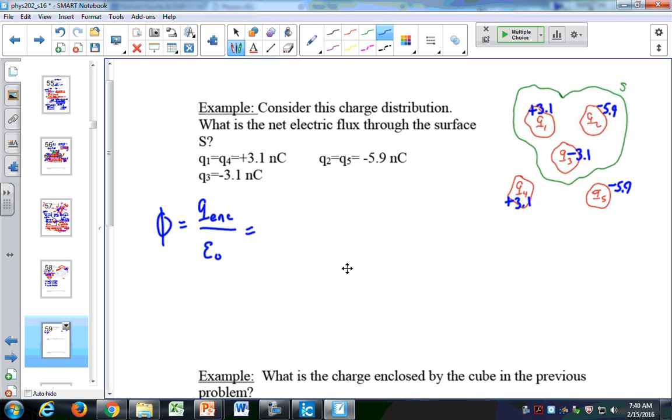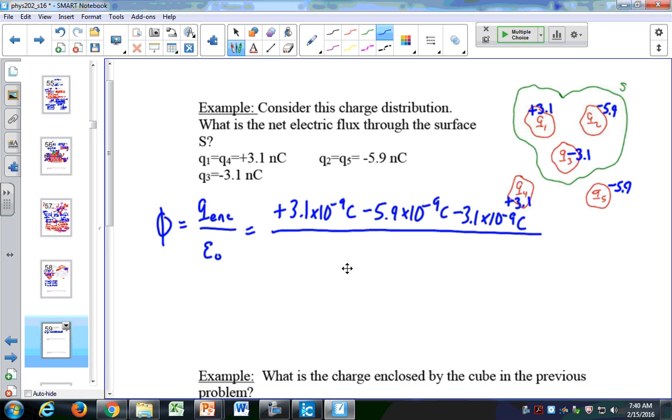So here we have our Q enclosed. That's going to be plus 3.1 nanocoulombs. I'll write it in coulombs, our SI units, which you'll need to do. 10 to the minus 9 coulombs, minus 5.9 times 10 to the minus 9, minus 3.1 times 10 to the minus 9. So I can just add those charges up arithmetically. They're not vectors or anything. And then just divide by my epsilon naught, which is 8.85 times 10 to the minus 12.